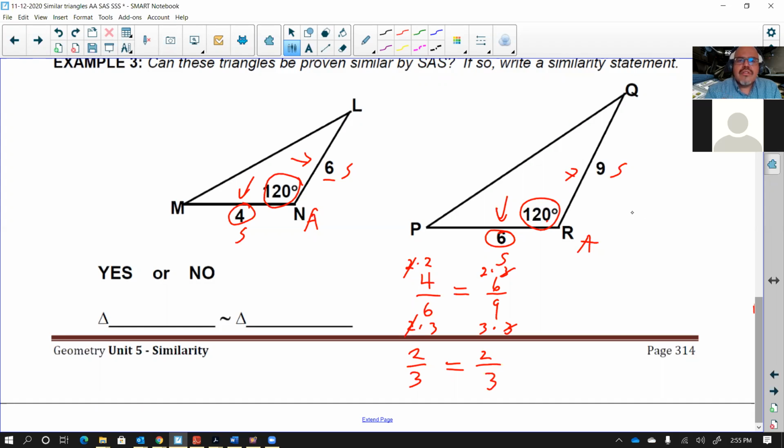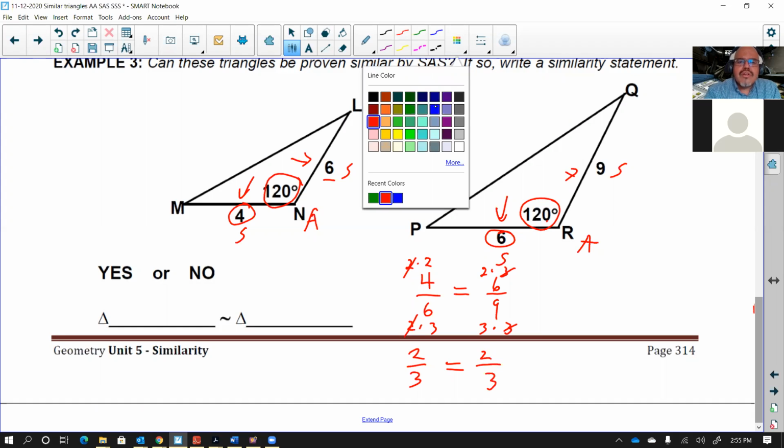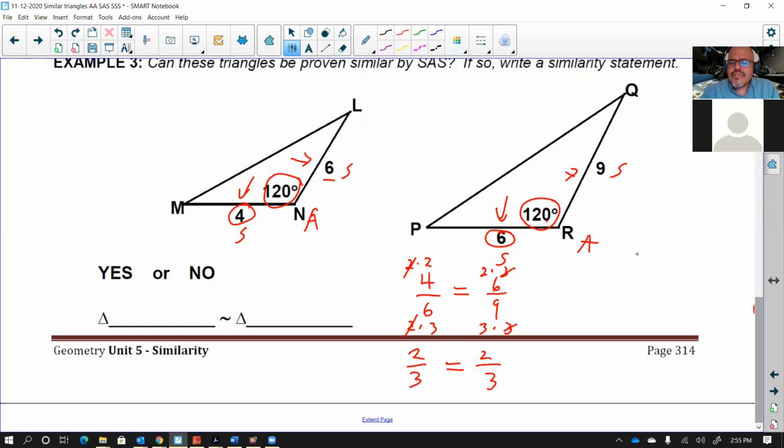Or you can use cross multiplication just to check that those two ratios are the same. So 4 over 6 equal to 6 over 9, we can check that. 9 times 4 is 36, and 6 times 6 is 36.